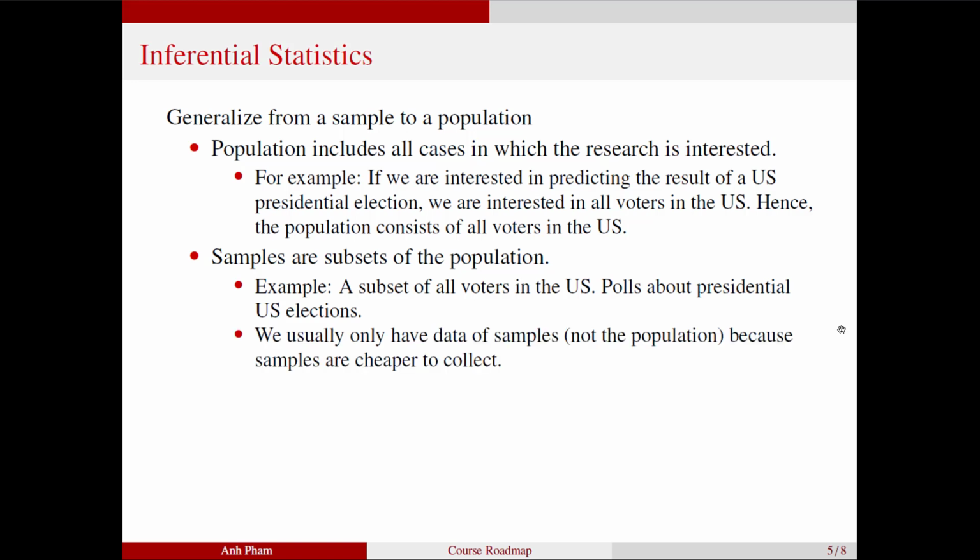In general, we usually only have data of samples, not the populations, and the reason is because samples are cheaper to collect.